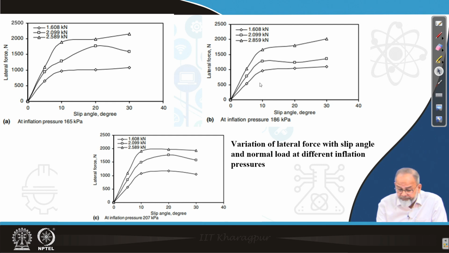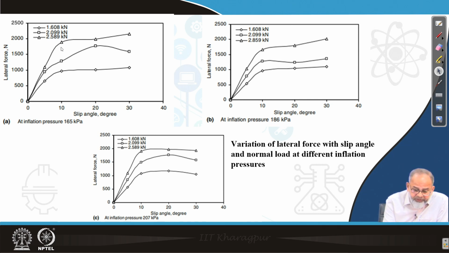The reason is the same. Now, if you compare figure A with figure B, the difference is the lateral force which is developed at an inflation pressure of 165 kilopascal, and the lateral force which is developed at 186 kilopascal, they are not the same.